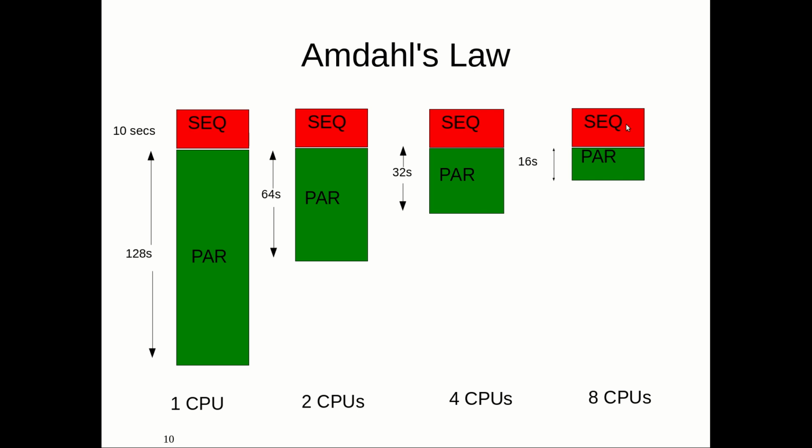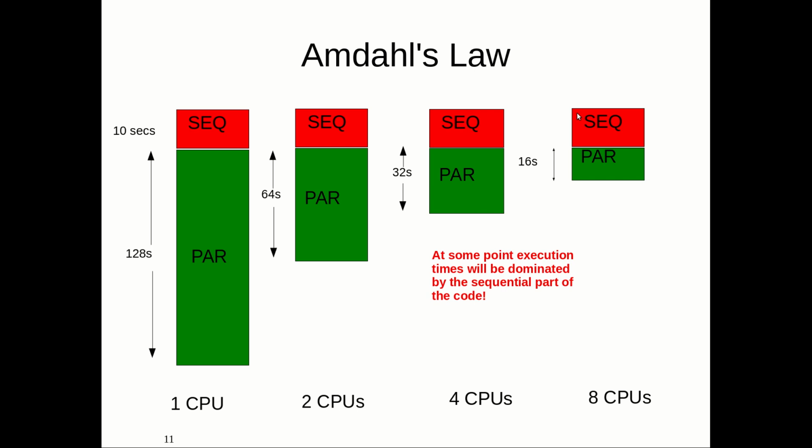What this graph tells us is that the degree of parallel efficiency that we can achieve is constrained by those parts of the program that we can only execute sequentially. If we keep adding more and more cores, what will dominate the runtimes is the input file parsing or the program startup or things like that.